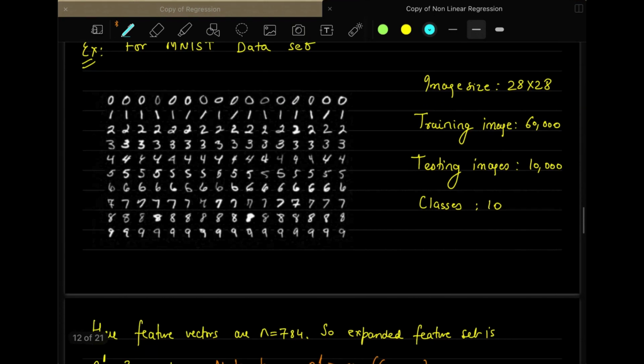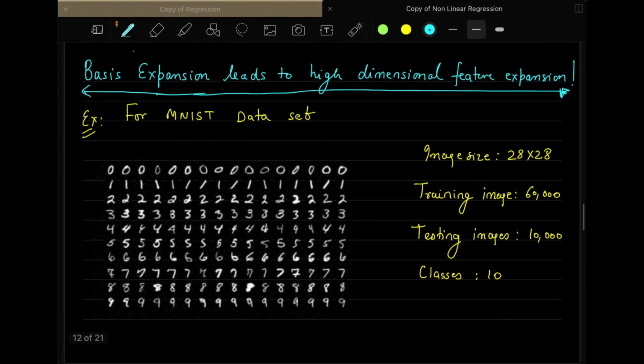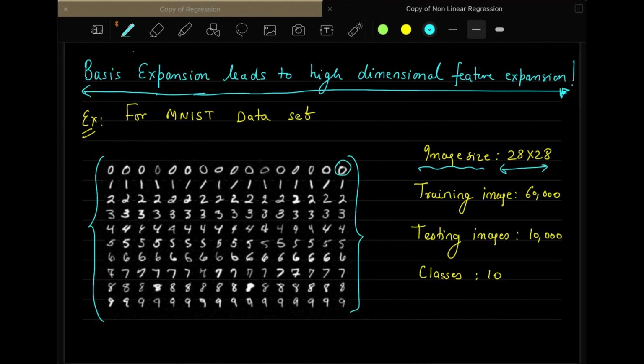For example, we have this MNIST dataset, which you can check on the website. It's a simple representation of digits, and all the images are of size 28 cross 28. The training images are 60,000, testing are 10,000, and we have 10 classes.